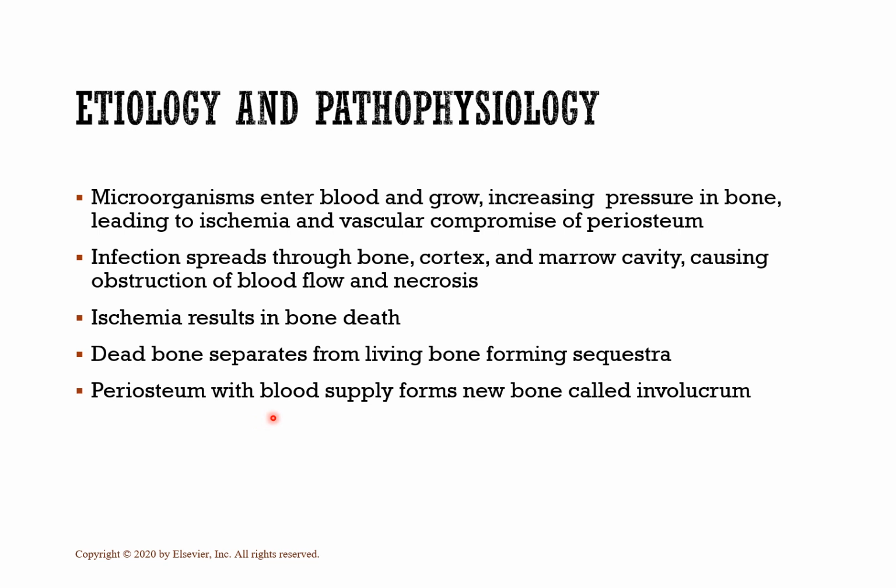So the part of it that still has some type of blood supply ends up forming a new bone known as the involucrum. And the problem is, in order for you to get to this sequestra, you basically have to now go through this involucrum to treat the patient properly. And that's why you're going to see that in bone diseases that have really bad infections, debridement is definitely part of the treatment.